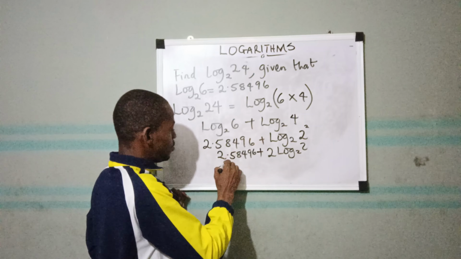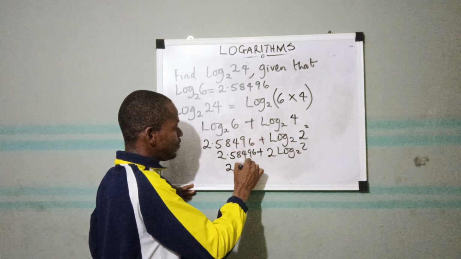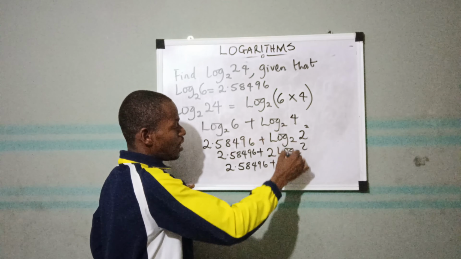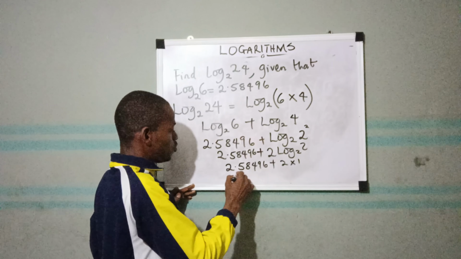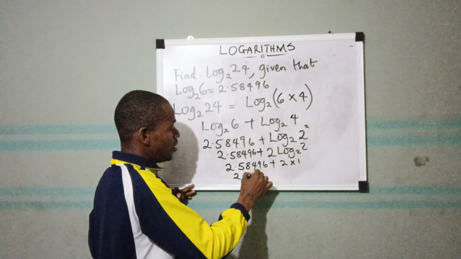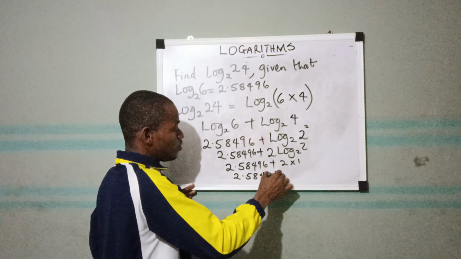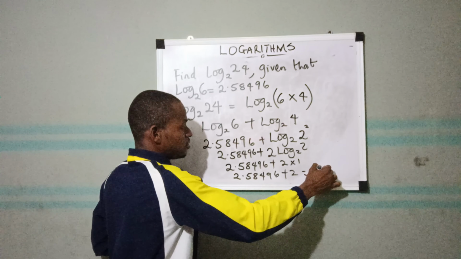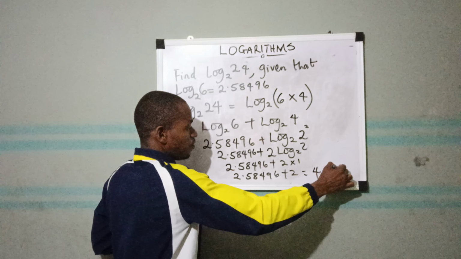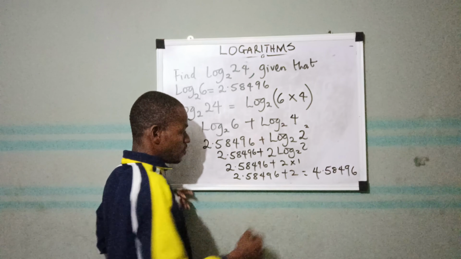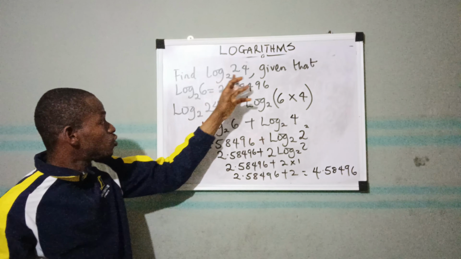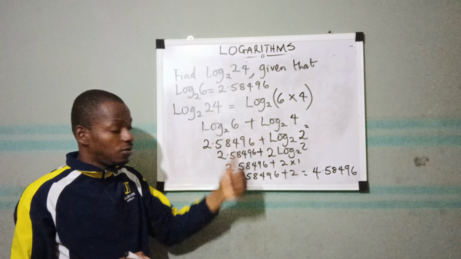So this becomes 2.58496 plus 2 times 1, and 2 times 1 is 2. So this is 2.58496 plus 2, which equals 4.58496.